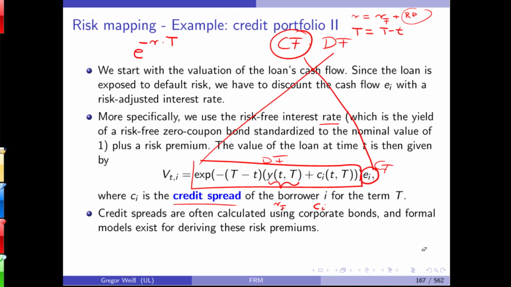First of all, you can compare the time evolution of the credit spreads. If you see that credit spreads for a company are increasing, it means that the market's impression of the credit risk of this company is increasing. And also, you can obviously compare it with other companies. You can see that maybe credit spreads for Deutsche Bank are higher than those for Commerzbank.